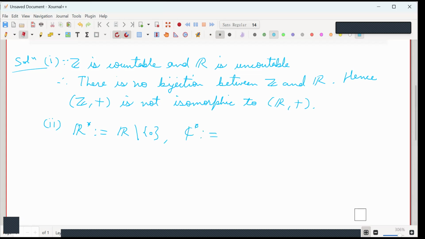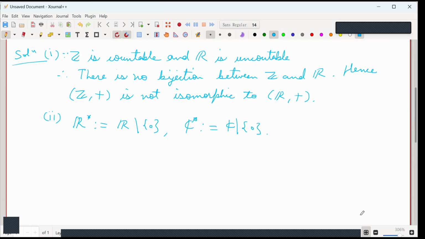This is a very common notation: for any set S, S star means S minus the set of non-units. Non-units means those which do not have a multiplicative inverse. Here only 0 is the element which doesn't have a multiplicative inverse. So R star is R minus 0 and C star is C minus 0.